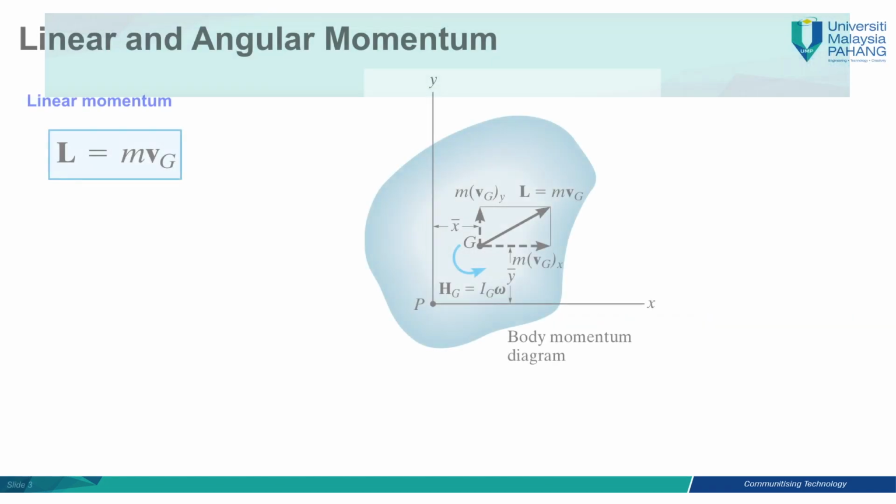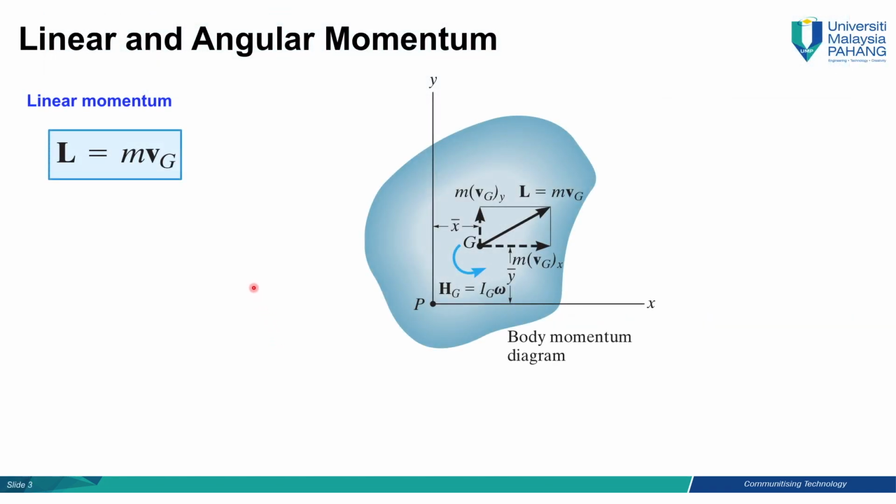Now let's take a look at the linear and angular momentum. Linear momentum is denoted by symbol L, that is equal to the mass times velocity. So L equals mv. Vg can be divided into x or y axis like what has been shown in the previous slide. So this is the linear momentum. Now the angular momentum is calculated about an axis.